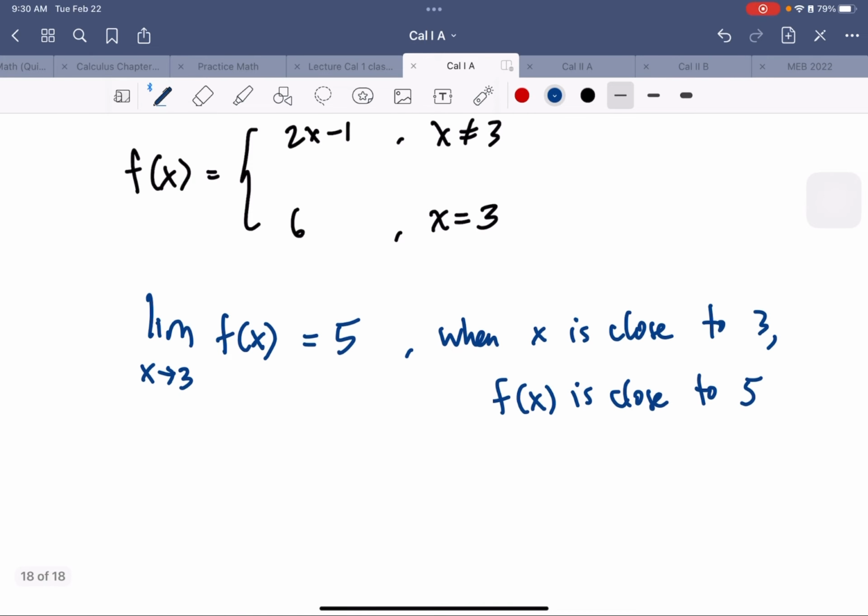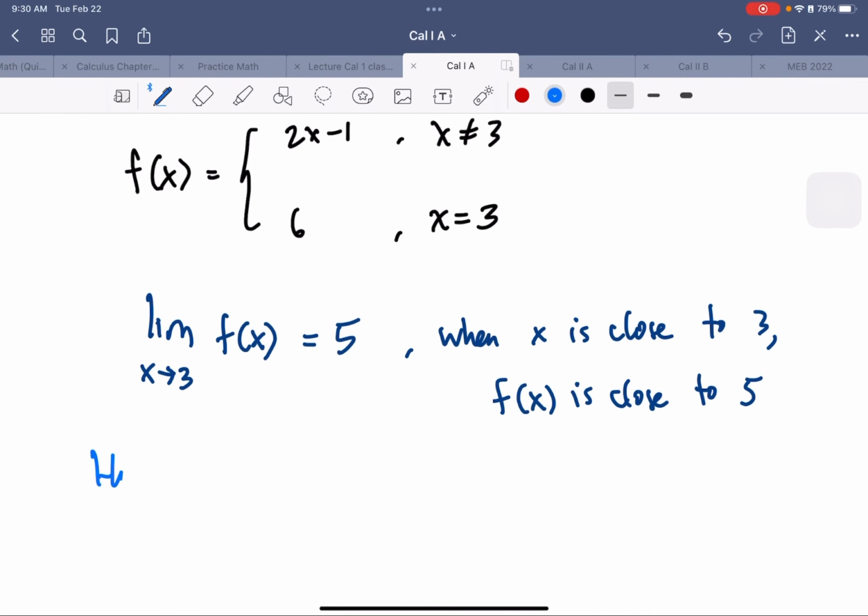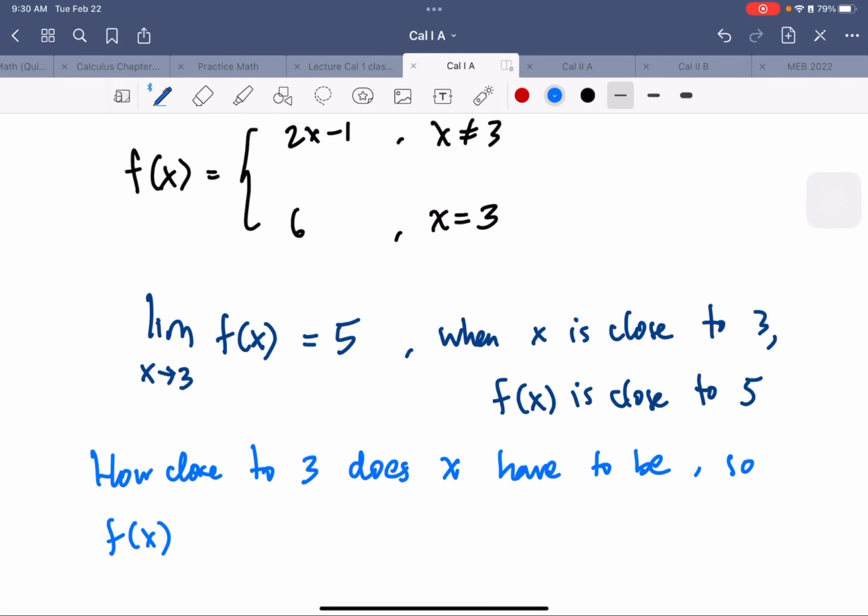But the question is, like I said before, how close to 3 does x have to be? So the difference between f of x and 5 should maybe be less than 0.1.